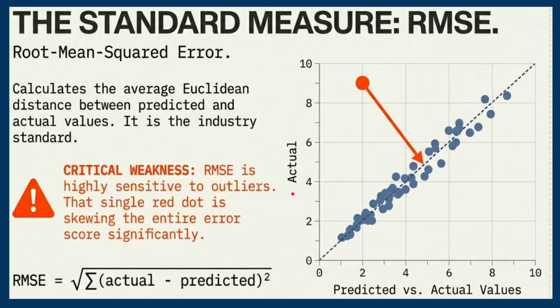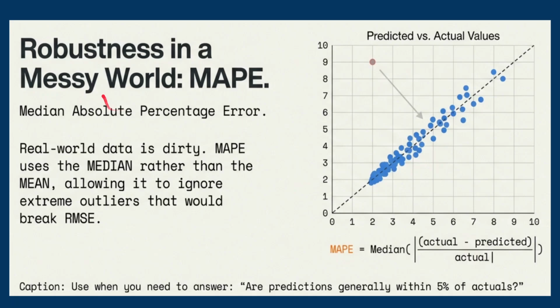The next measure is MAPE. This is based upon robustness, which is how well the method reacts to real world data. Real world data is dirty, which is obvious, so we have to clean the data before we process it. MAPE uses the median rather than the mean, which allows it to ignore the extreme outliers that would break RMSE.